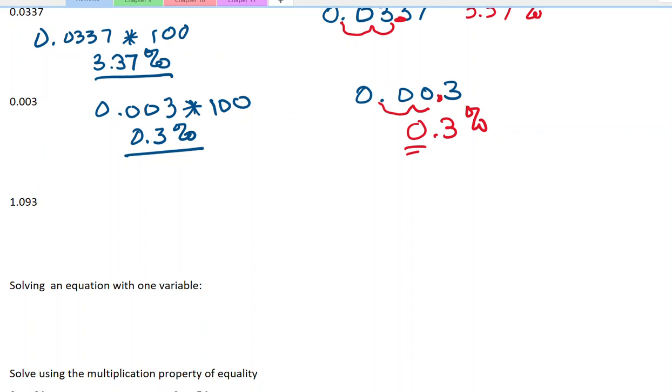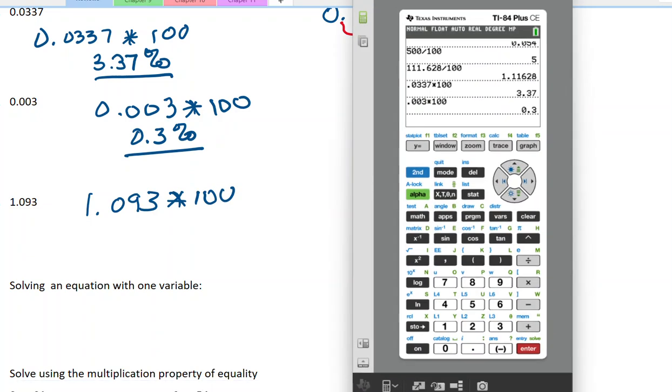Now we have this one here, and let's do it. So I take the 1 and 93,000ths, multiply by 100. Here I go. And I get 109 and 3/10 and add a percent. Because this is 100.